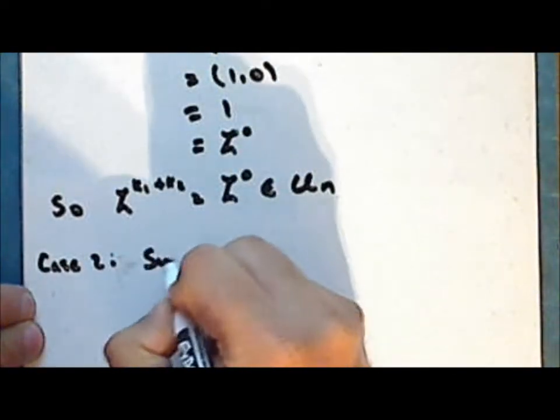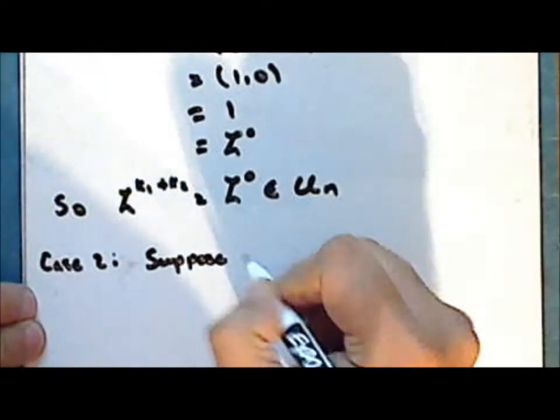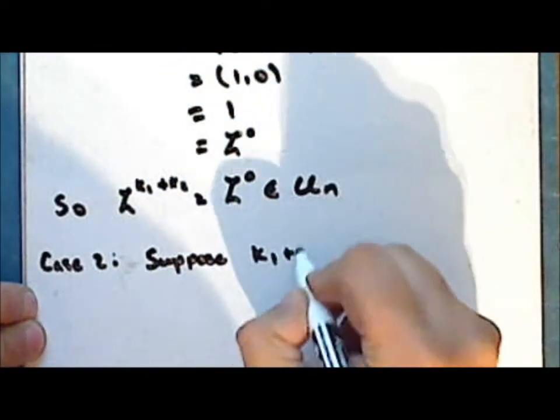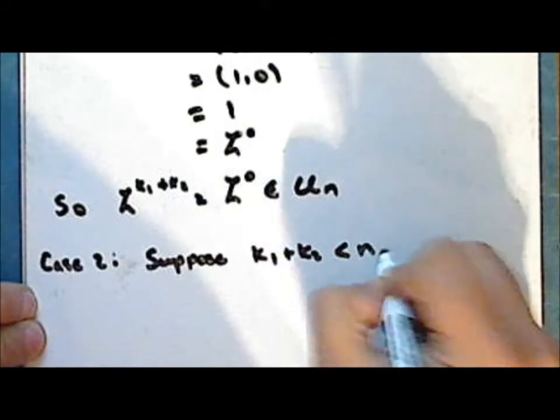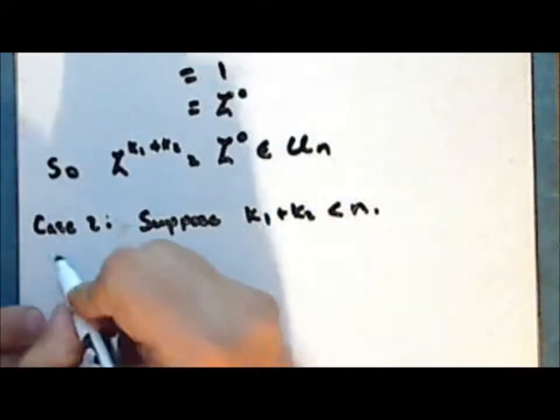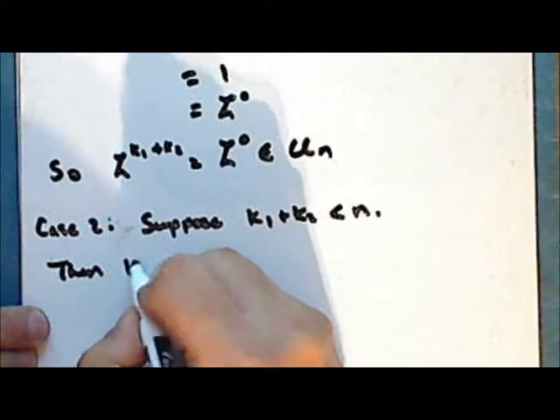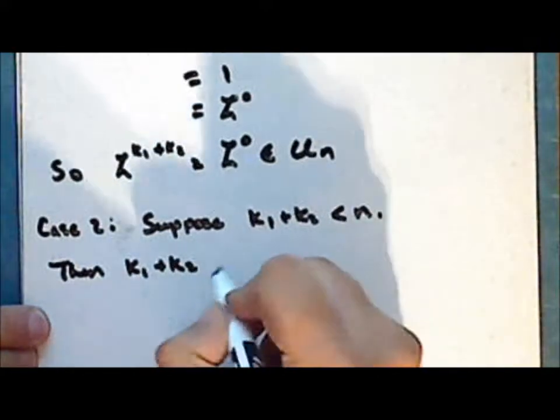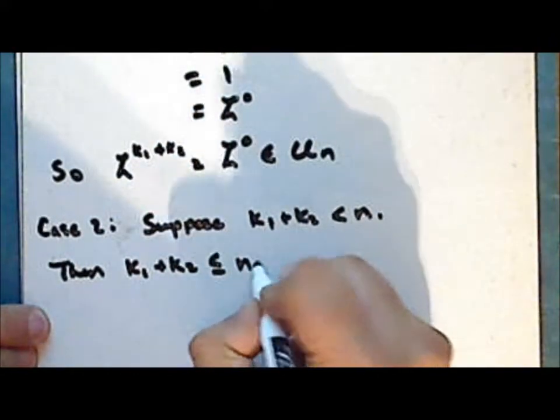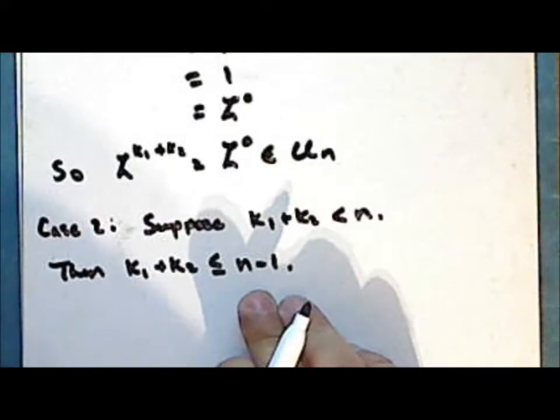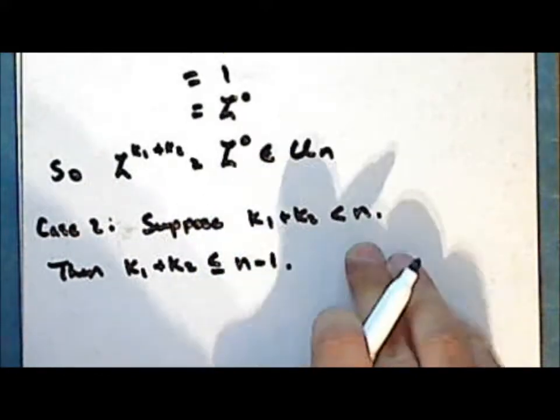So case 2, suppose that the sum k1 plus k2 is less than n. Then the sum k1 plus k2 must be less than or equal to n minus 1, since n minus 1 is the largest integer smaller than n.